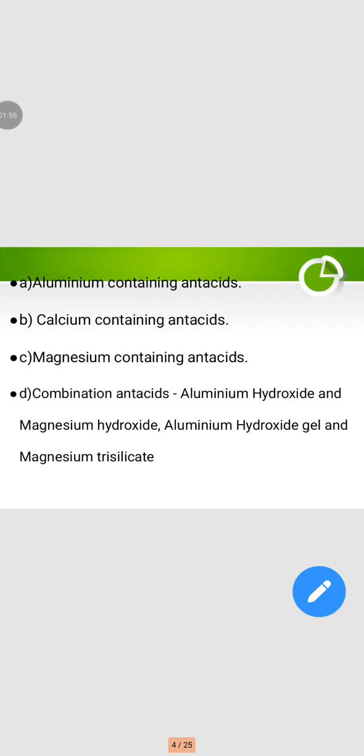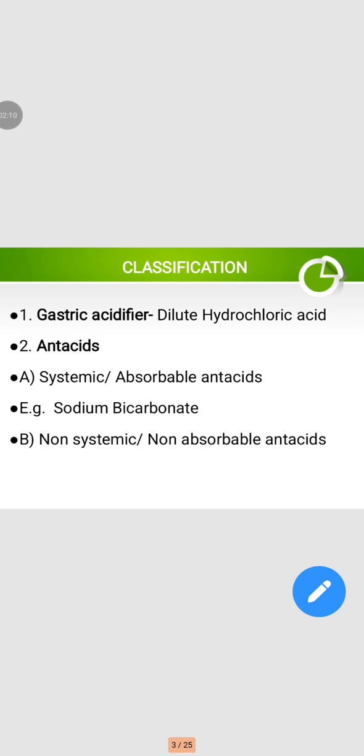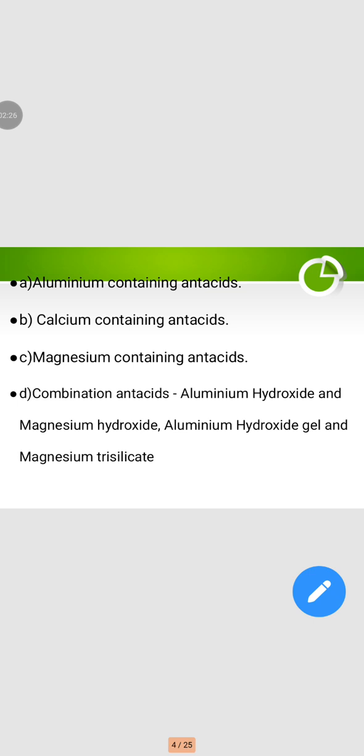The non-systemic antacids are further classified into aluminum containing antacids, calcium containing antacids, magnesium containing antacids, and combination antacids.